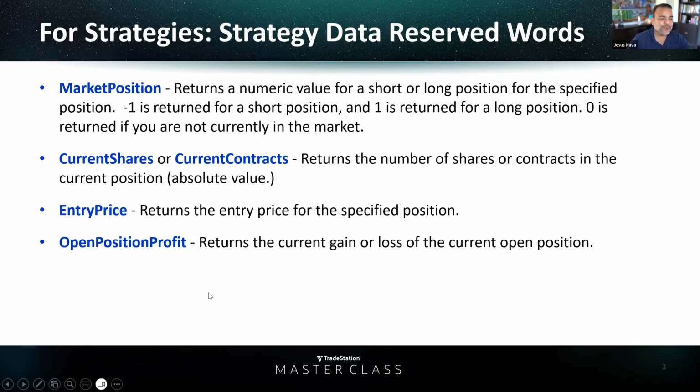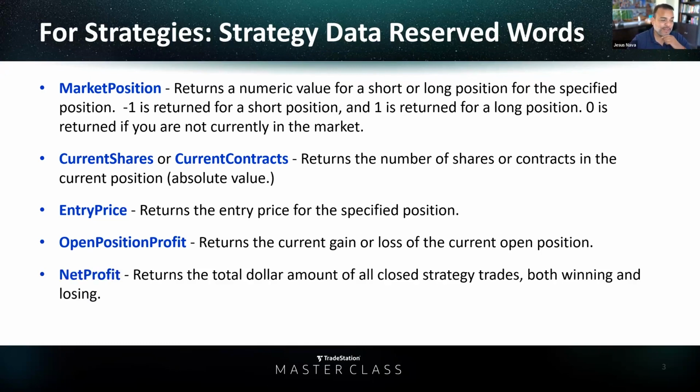You have two reserved words that take a look at your profit. You have open position profit. It returns the current gain or loss for the current open position. That's why it says open position profit. And then you have the net profit, which returns the total dollar amount of all closed trades, both winning and losing.